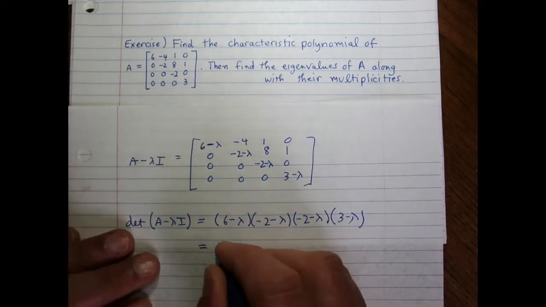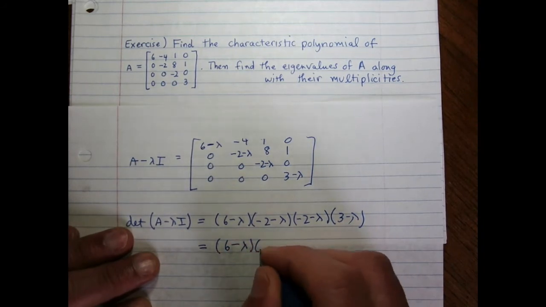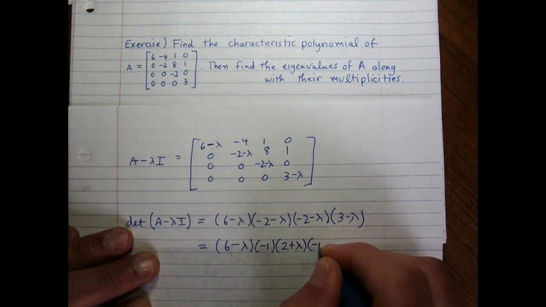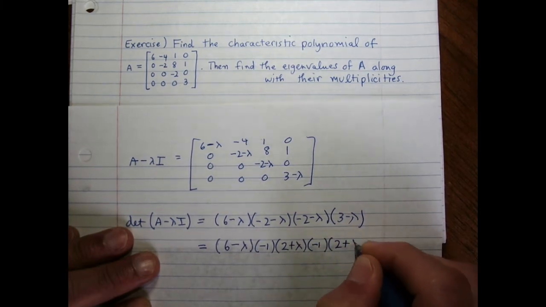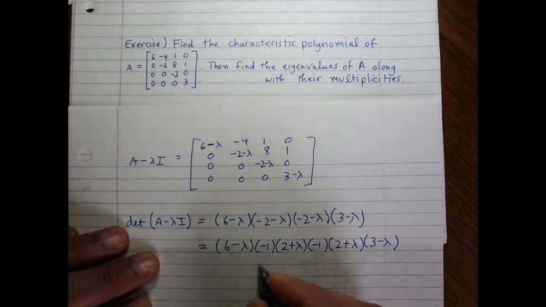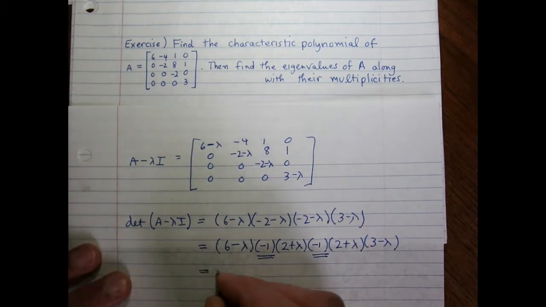And just notice that I can factor out a -1 from both of those -2 minus lambda factors. So when I multiply the -1s together, I get +1.